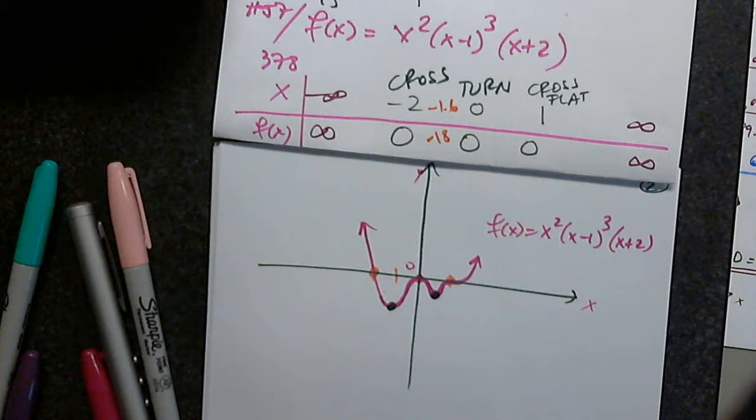I see there is a minimum. It turns at 0. Maybe I should show -2, so we see how it turns. So here it is. It's turning at 0. It's coming to a minimum.